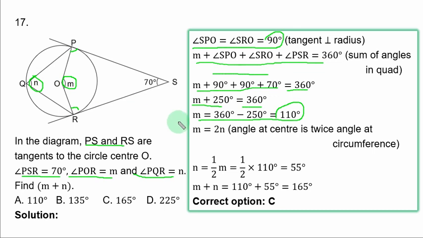That means M is equal to 2N. And we want to get N. So N is 1 over 2 M. That is 1 over 2 times 110, and you have 55 degrees. Therefore, M plus N is equal to 110 degrees plus 55 degrees, and that is 165 degrees. C is the correct option.